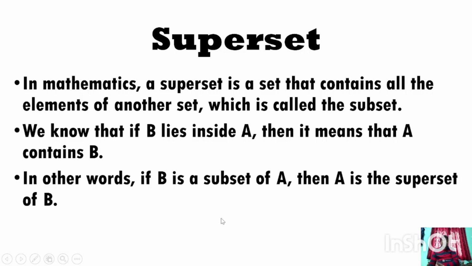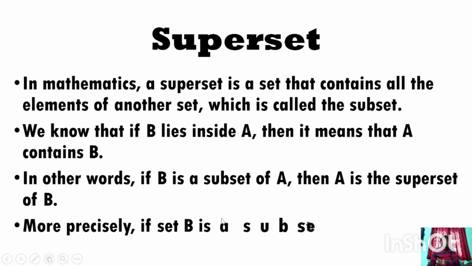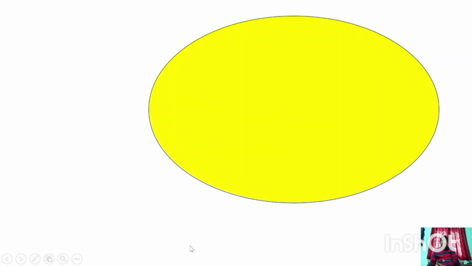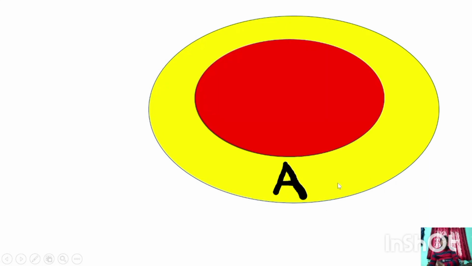Superset of B, naturally. More precisely, if set B is a subset of A, then A is also a superset of B. Right? Look at here. Here is the set A. Here is set B. Here A is the superset of B because all the elements of B are in the set A.